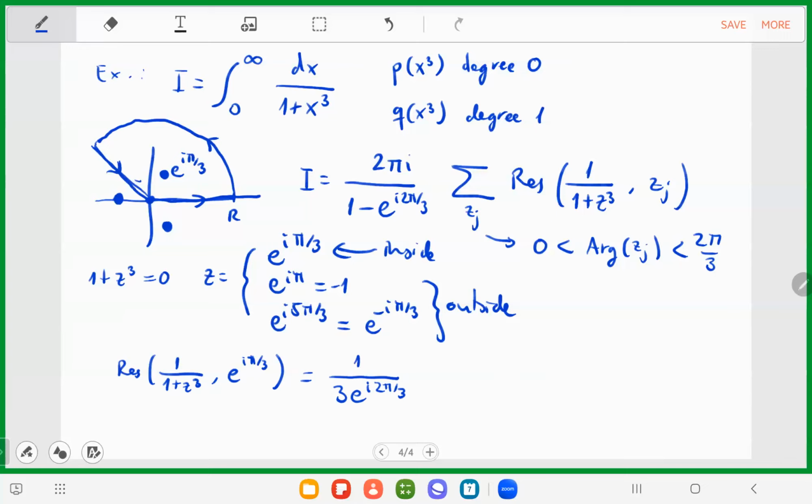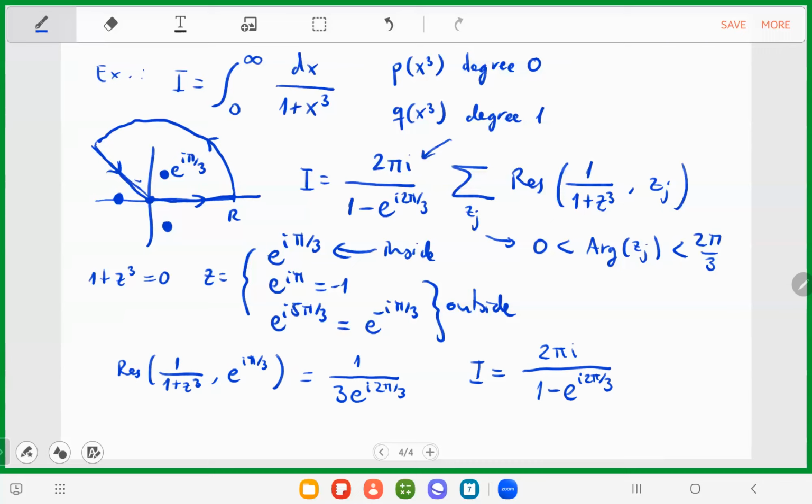But it's very important to simplify because we have a lot of complex numbers here, but we know the result is going to be real. So let's take the effort to simplify it to be useful as a result. So we have 1 minus e to the i 2 pi over 3. I'm just copying from this part here.